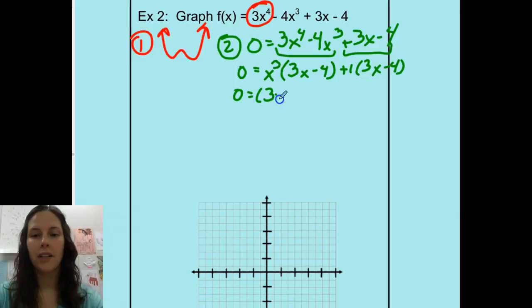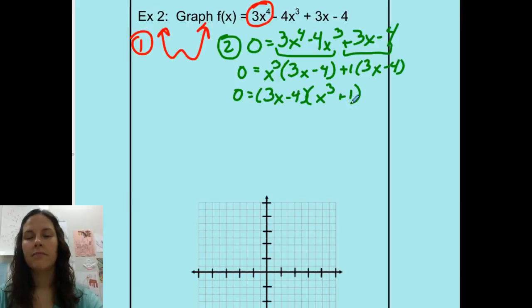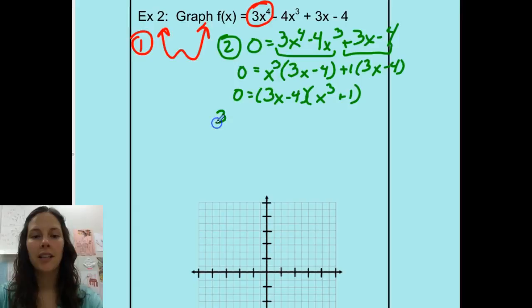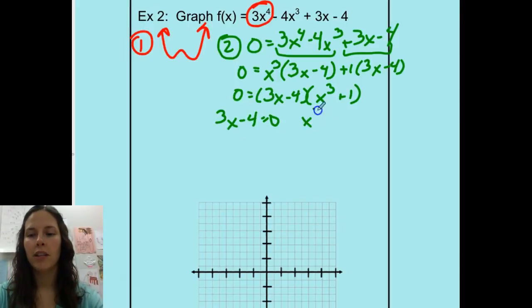Factoring out that 3x minus 4, I am left with x cubed plus 1. X cubed plus 1 is a sum of cubes, and it does continue to factor. However, for our purposes of solving for the zeros, it's actually going to be easier to solve it in the format it's in. So I'm going to set each piece equal to 0, zero product property.